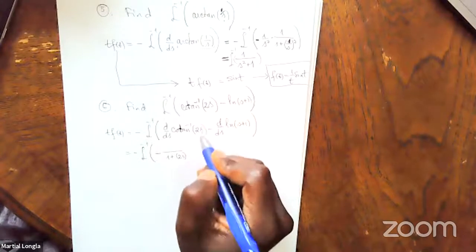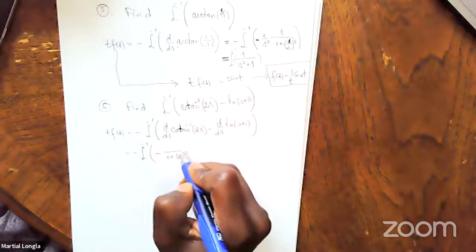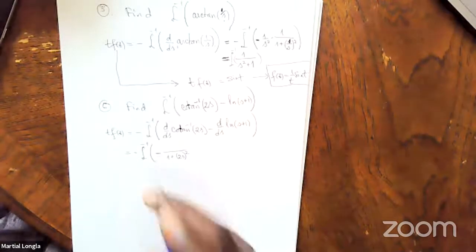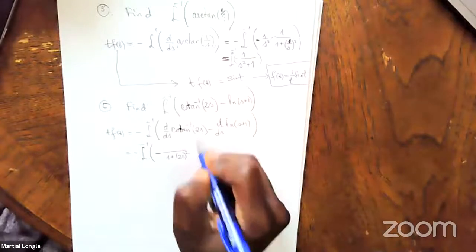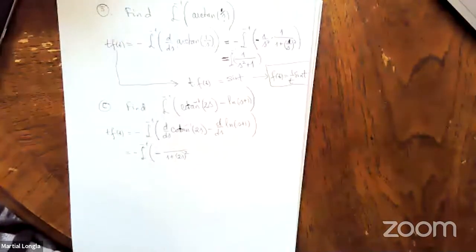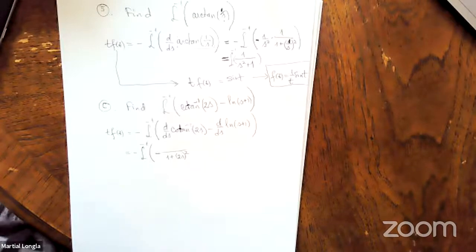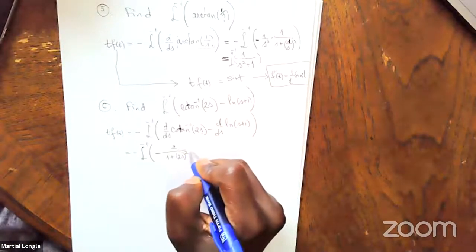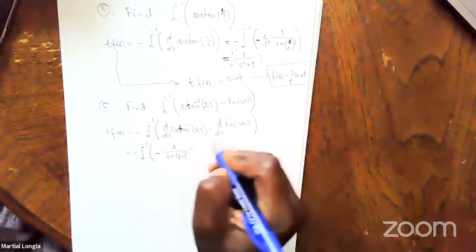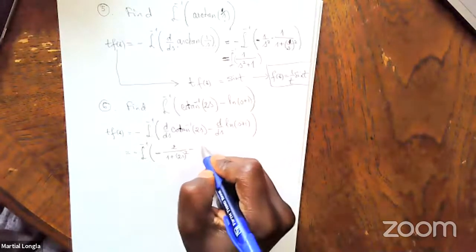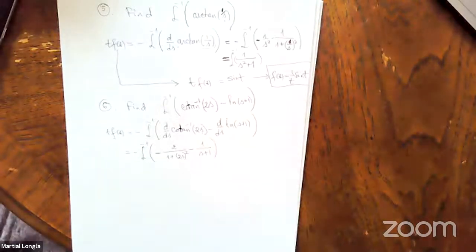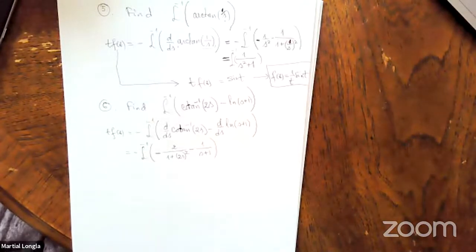And then the derivative of 2s is? It's just 2. And then here you got minus the derivative of this, which is 1 over s plus 1, right? Everybody agrees with that?